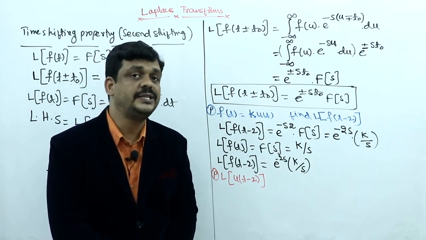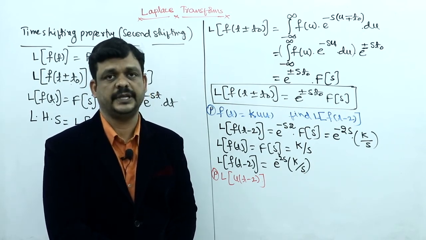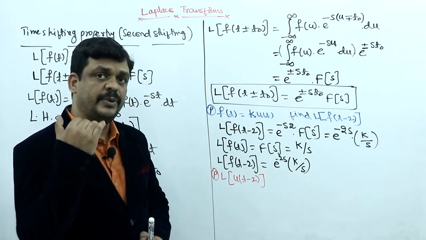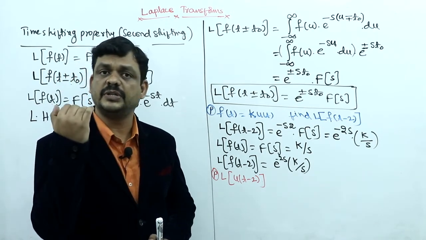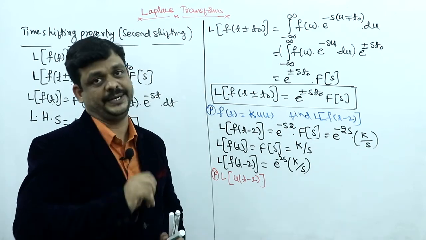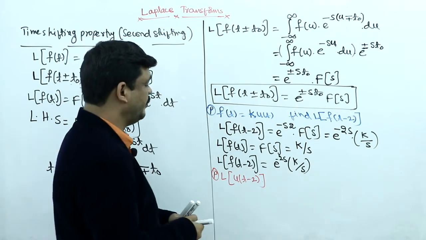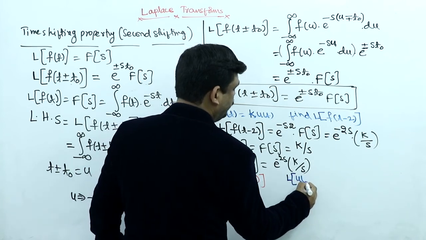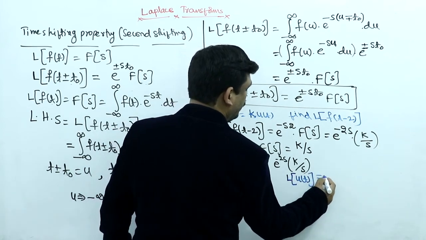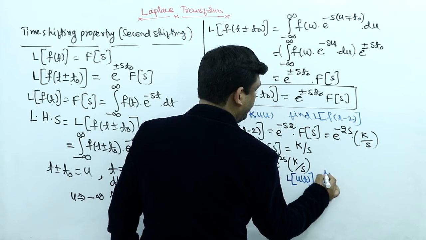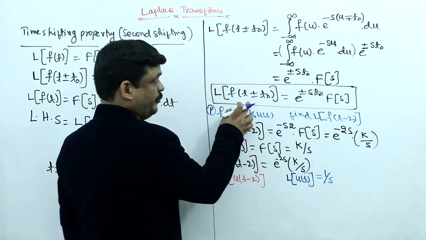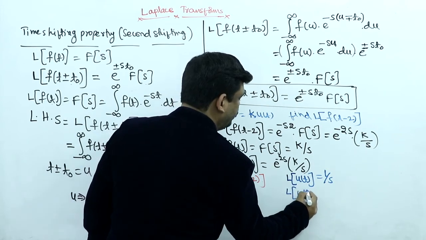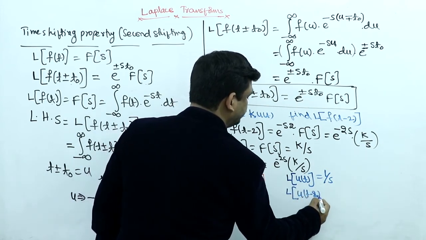The u of t function is a unit step function, and its constant amplitude should be 1, right? That's why I am directly writing that Laplace transform of u of t is 1 by s. And from the shifting property, we get the Laplace transform of u of t minus 2.